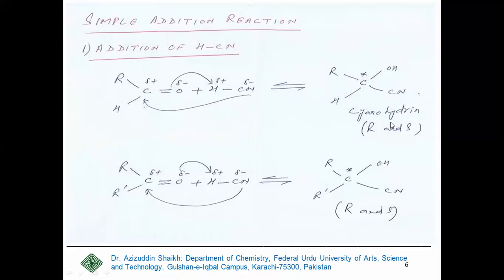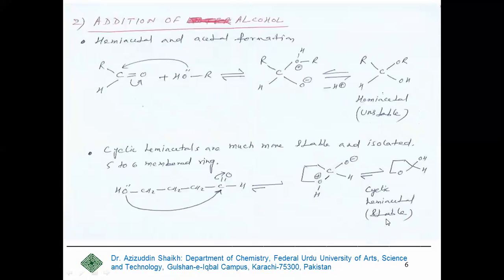So R and S stereoisomers, a racemic mixture, will be obtained. This is the reaction of hydrogen cyanide with an aldehyde, and this is the reaction with a ketone. Same reaction, R and S stereoisomers will be obtained.